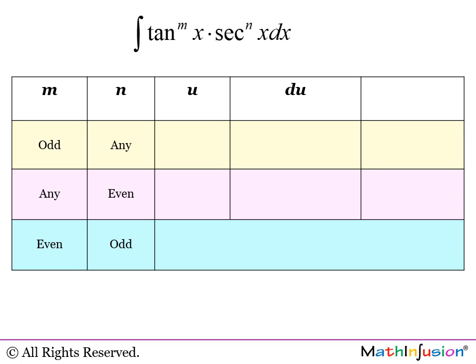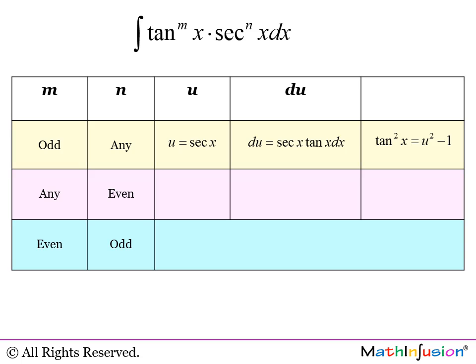I need tangent x secant x dx, because this is the du when u is secant x. And then the exponent of the tangent x is now even, because I took one of the exponents into the du. So now I'm ready to express tangent to the power of 2x as u to the power of 2 or secant to the power of 2x minus 1.